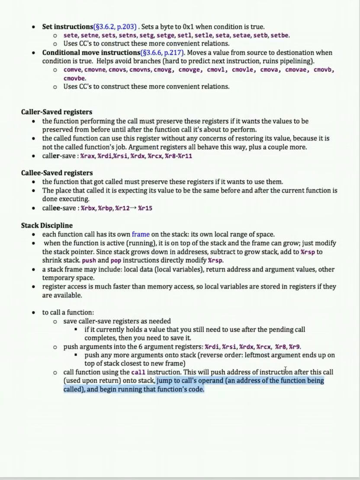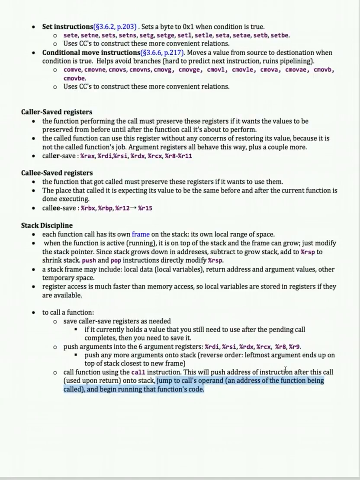What this means is that it changes the instruction pointer, the register RIP, to the address of the instruction in the callee function.